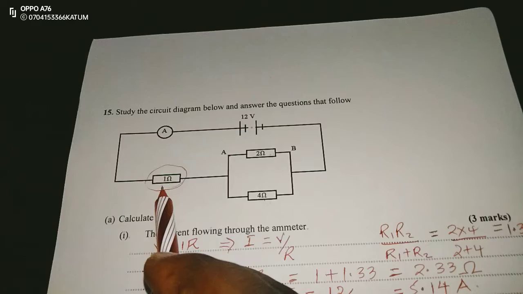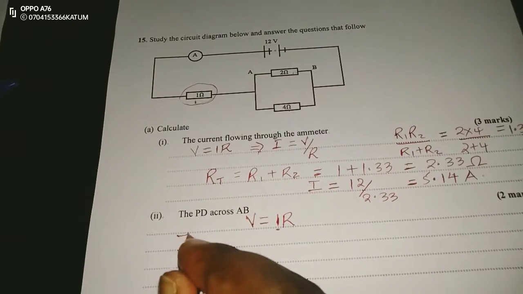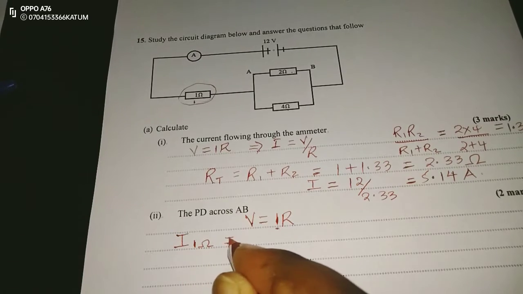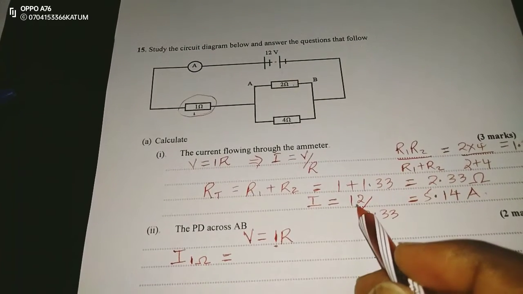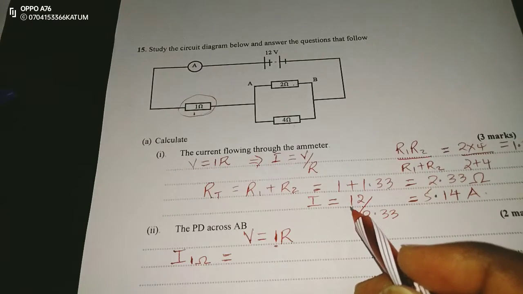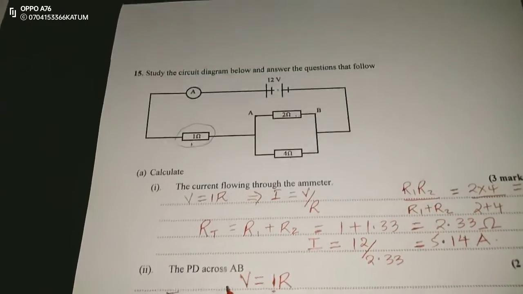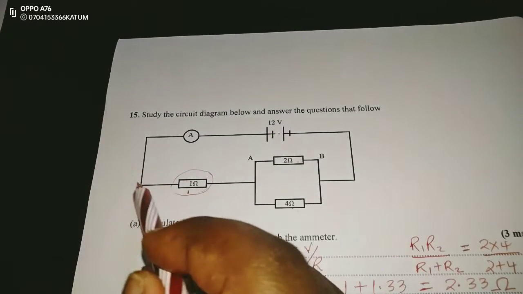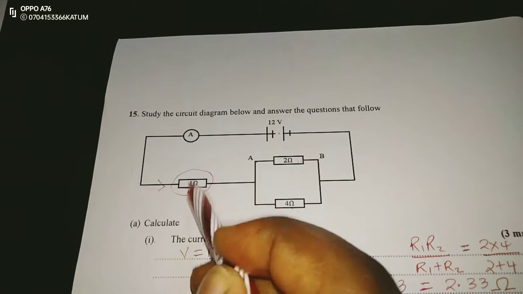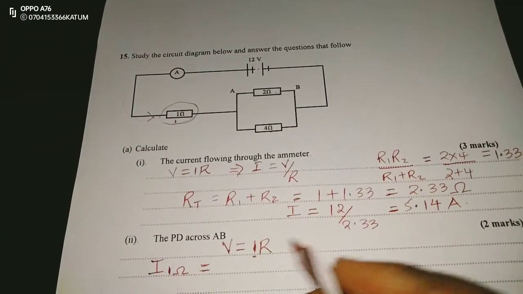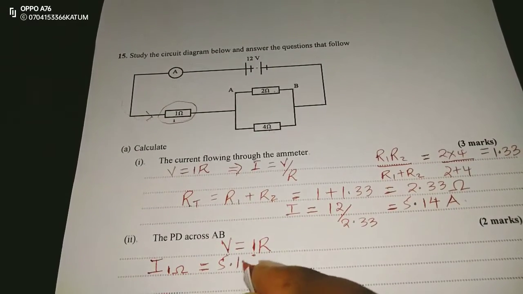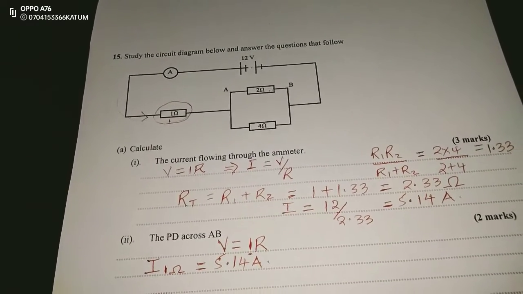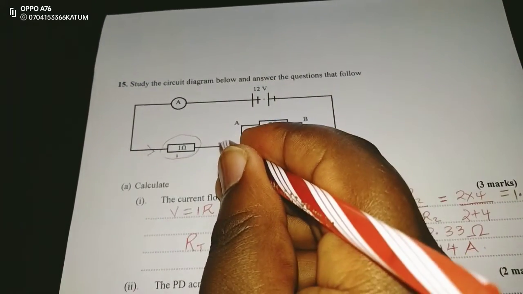The current through the 1 ohm resistor is the same as the total current, because it is in series with the cells. The total current will pass through this junction, and the total current is already calculated as 5.14 amperes.